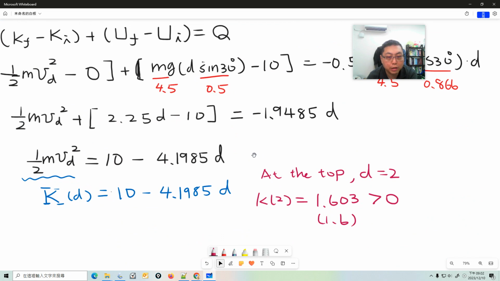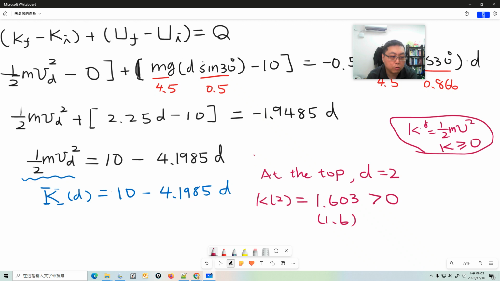Be careful, because kinetic energy is 1 over 2 mv squared, so k is always greater than zero. If you get this equation and find your kinetic energy less than zero, that means friction dried out, dissipated all the kinetic energy.